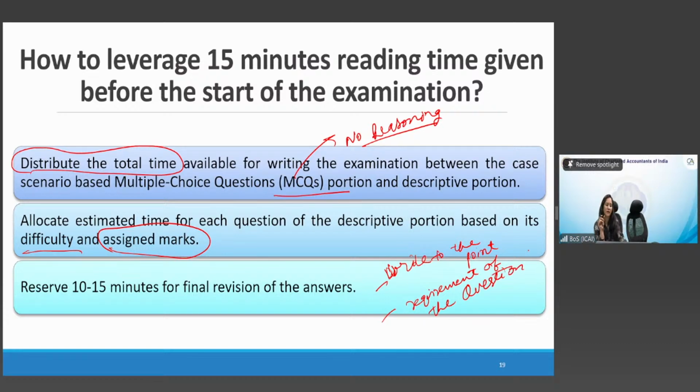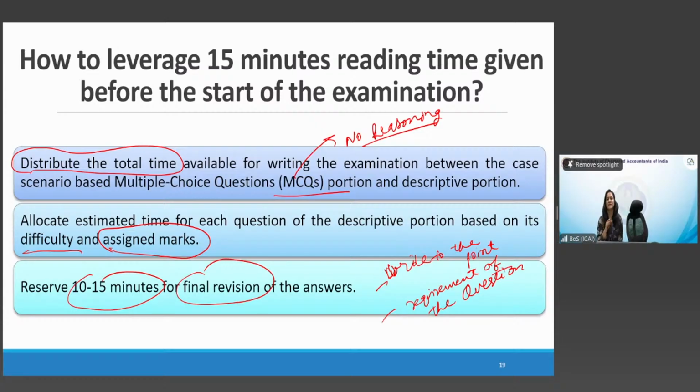Then you have to reserve at least 10 to 15 minutes for the final revision of the answers. See, I advise you, let's say that if you are stuck at some point of time, you feel that I have a doubt in this question, you just leave the space for that particular question. Do not spend unnecessary time on that particular question where you are stuck.